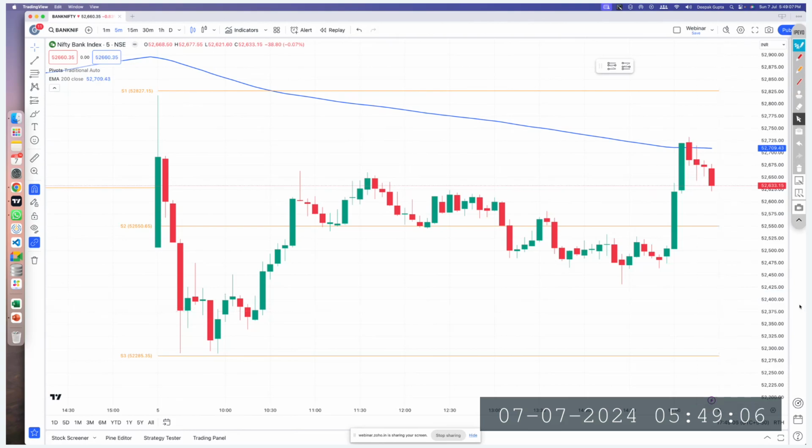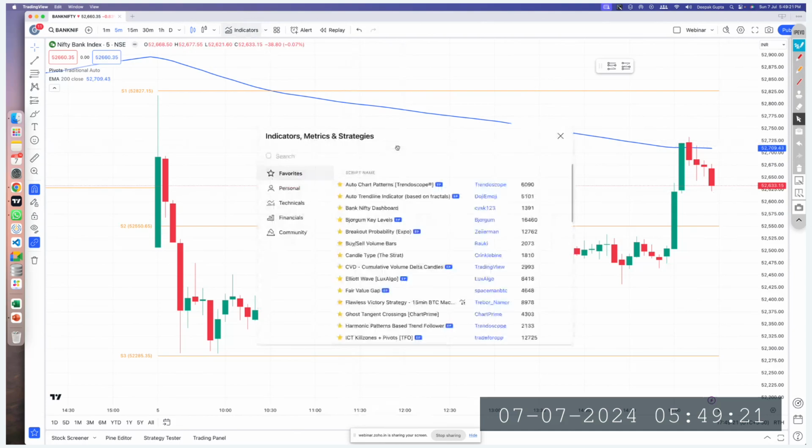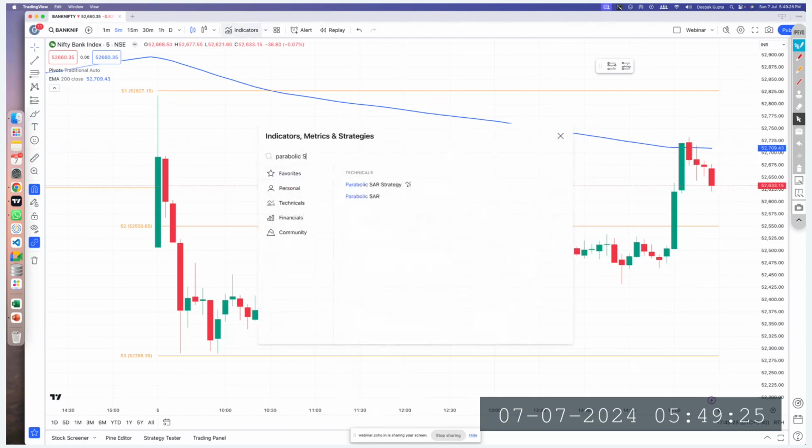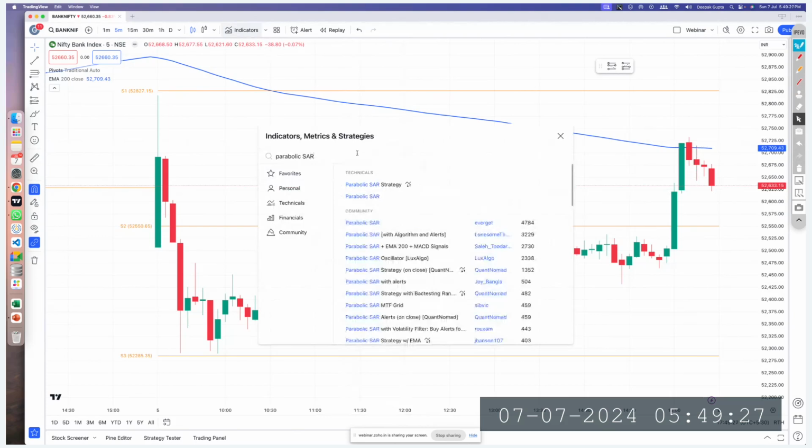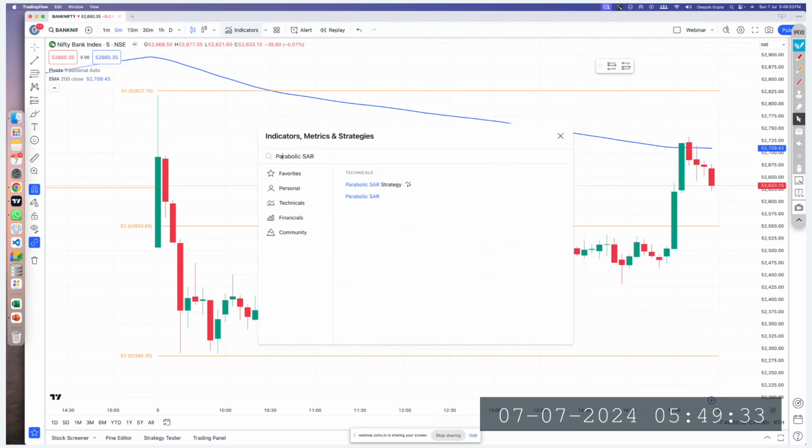The next thing that we will apply to this chart is another indicator called parabolic SAR. Right, so you can note down this name of the indicator. It is called parabolic SAR.